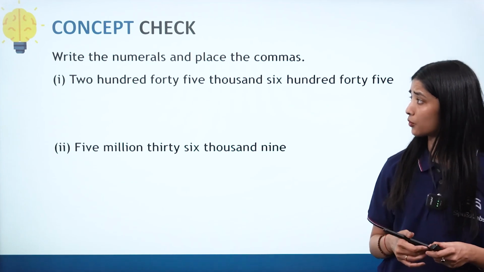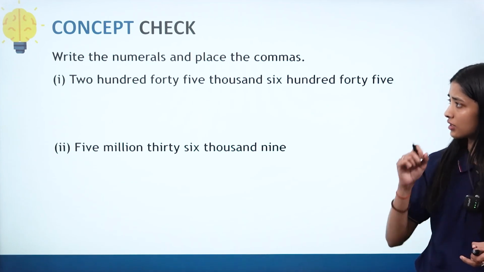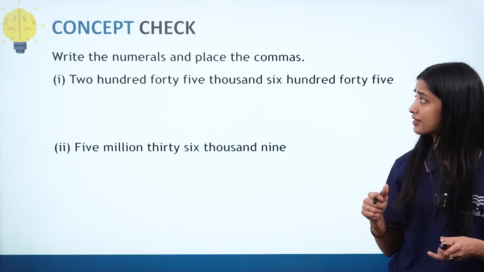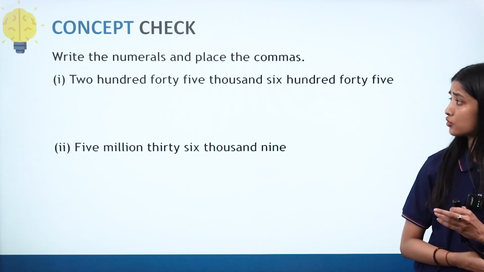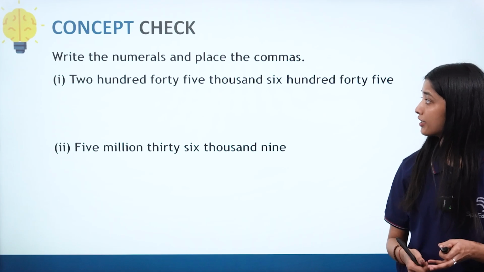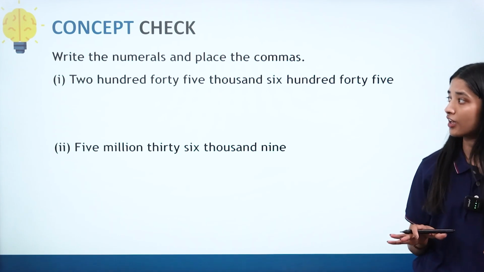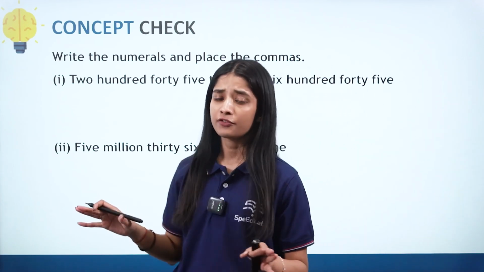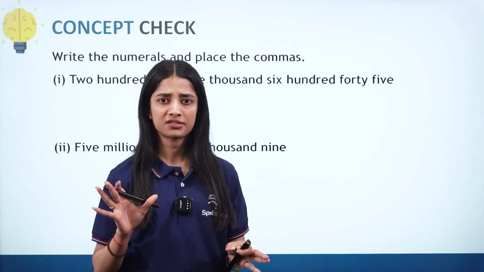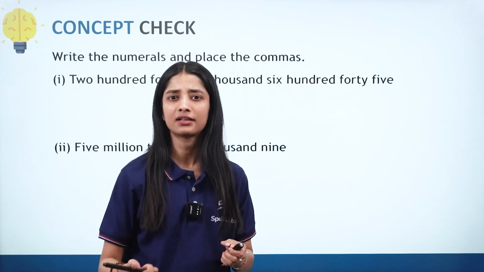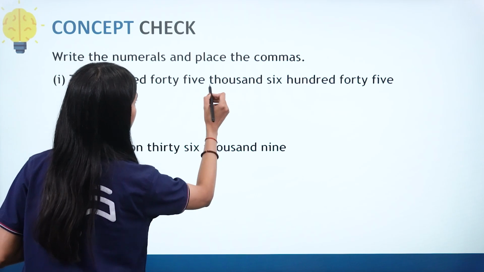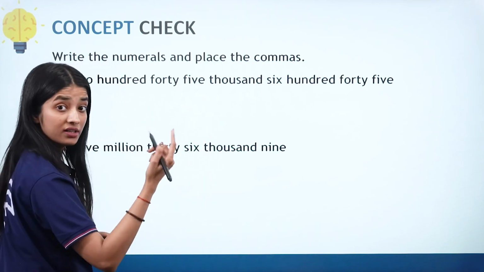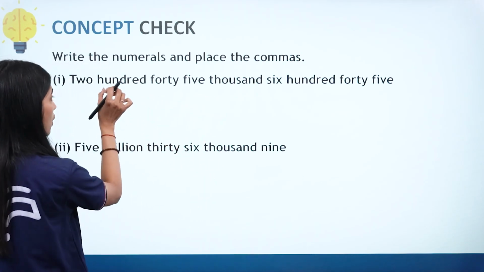Then next we have some questions in which we have to write the numerals and place the comma. The first number is 245,645. In this type of question, first try to see what period it is taking. 245,000 means at the 1,000 place we have 245.